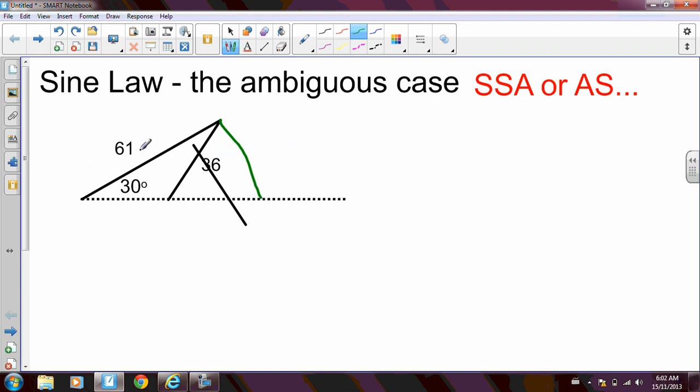When I have a side followed by a side followed by an angle, and this side down the bottom is just saying that's where the other side will end up being, I actually have two possibilities. I can have this green triangle on the outside, and I can have the red triangle right here. And so what we have to figure out is when this is going to be a situation that we have to consider.